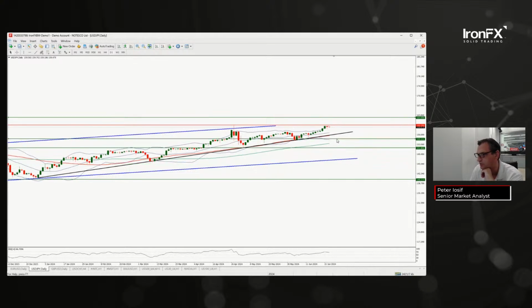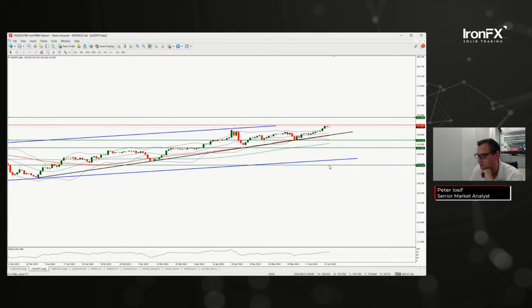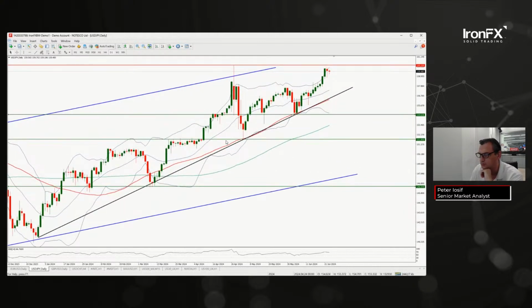Let's narrow the support lines. Could go wider. There was a former resistance line here which has been broken.